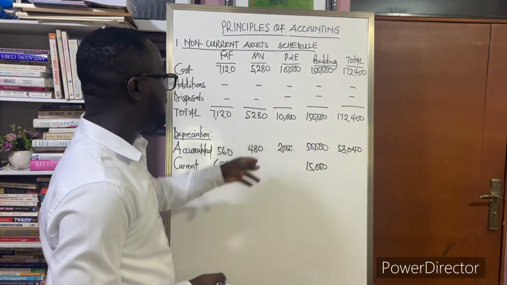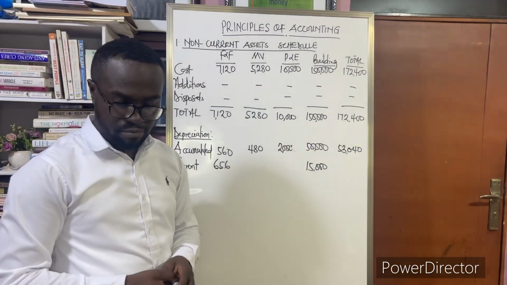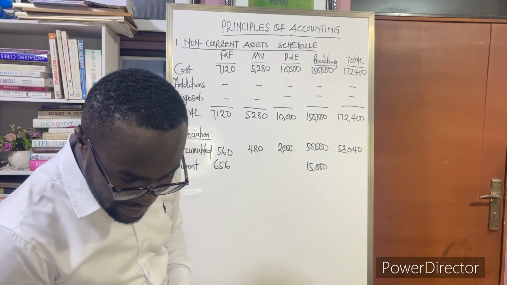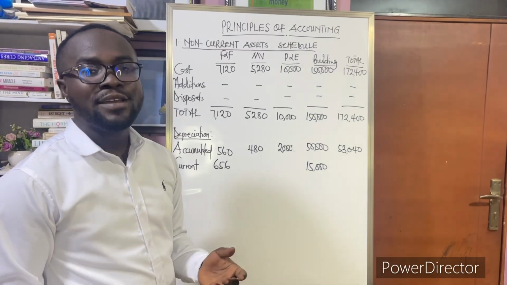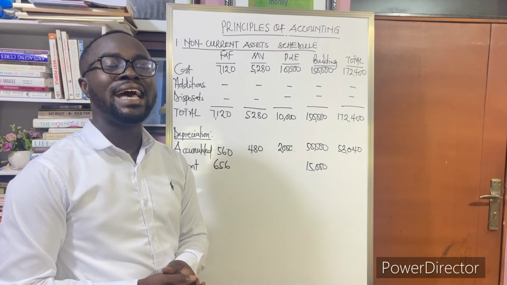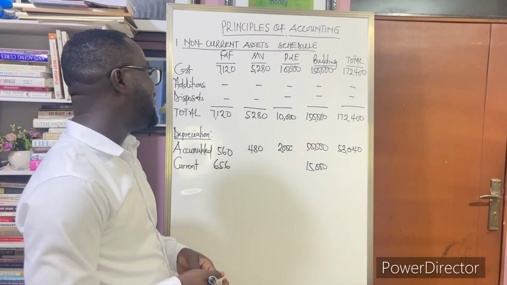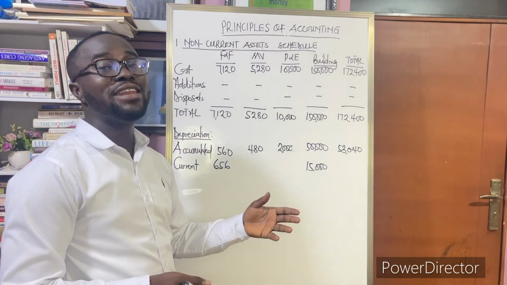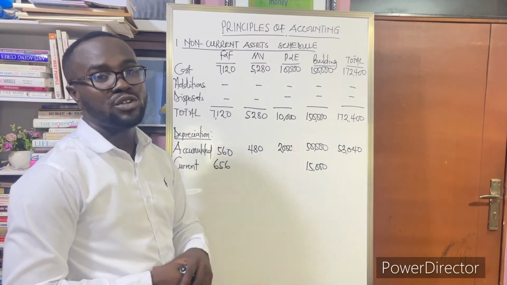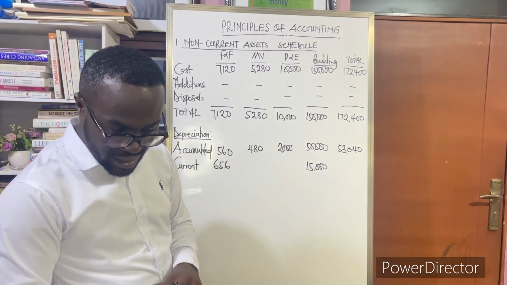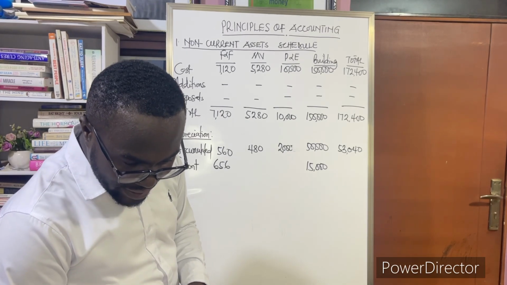Then we come to the motor vehicle and plant and equipment. So motor vehicle, plant and equipment are depreciated straight line. One of the easiest ways for depreciating an asset is using the straight line method or basis of depreciation. So it's just straight. You apply the rate of depreciation on the cost of the asset. So motor vehicle is how much?